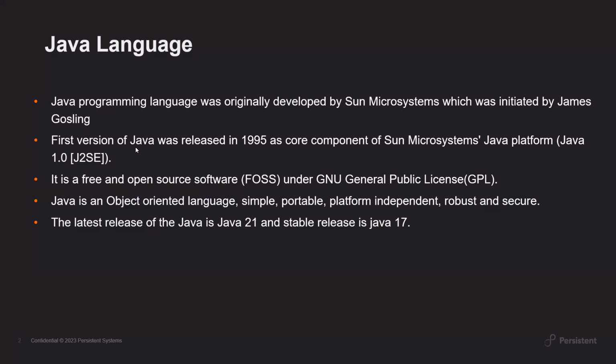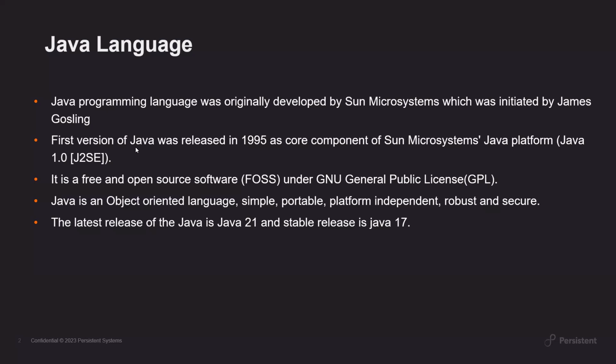Java is an object-oriented language, simple, portable, platform independent, robust, secure, and has high performance. I want to mention this platform independent: once we write Java code on any type of platform, it can be used across multiple platforms.